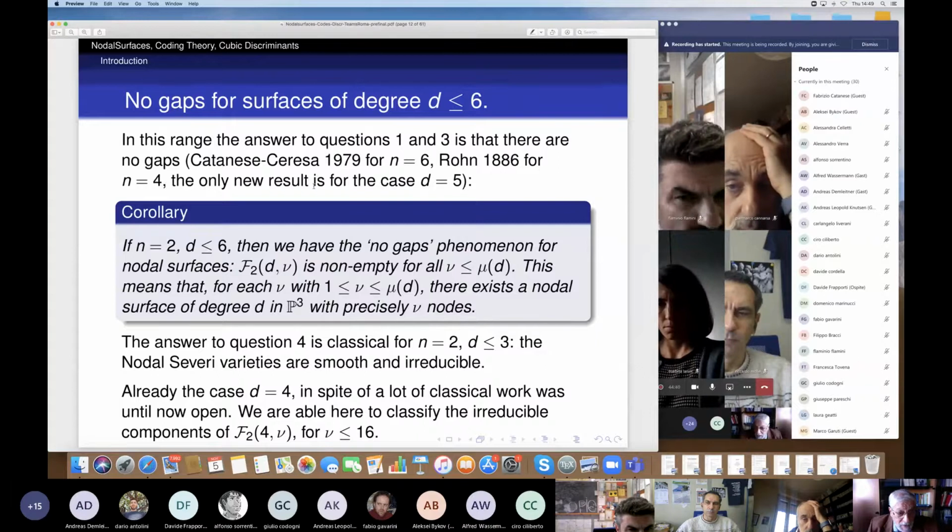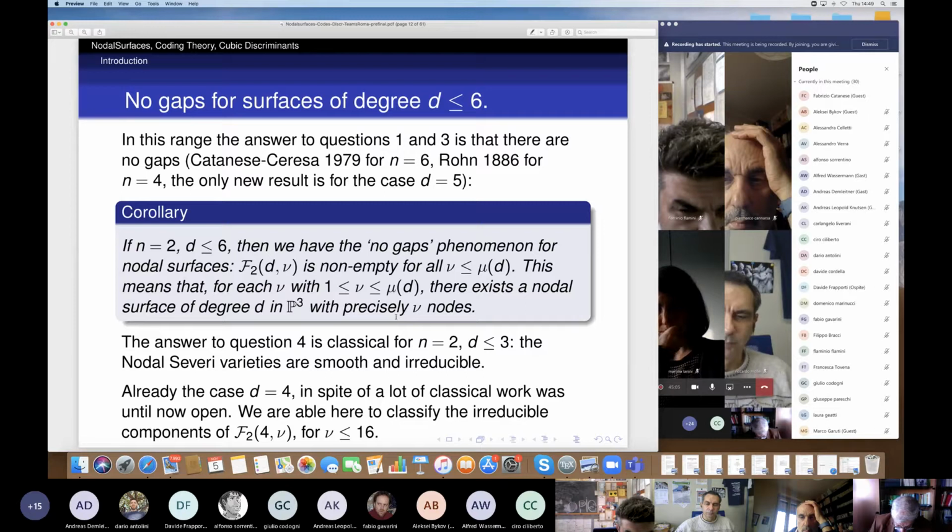However, there is a new result for the case of quintics. So for degree up to 6, we have the no-gaps phenomenon for nodal surfaces: for each ni between 1 and mu of d, there exists a nodal surface of degree d with precisely ni nodes.